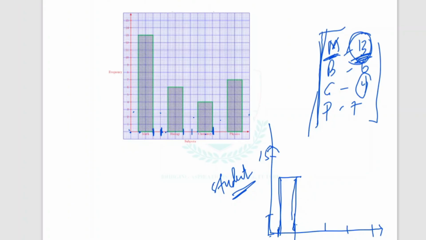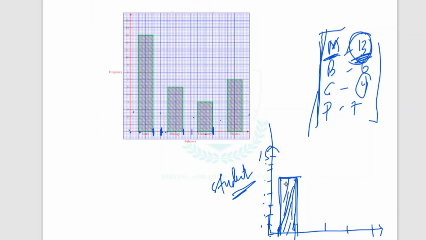So if I want to indicate where 13 is, let's assume this is my graph paper. It can indicate from 1, 2, 3, 4, 5, 6, 7 upward to 15. But remember the bigger value is 13 in this case. So if I want 13, I'll just come where 13 is. Let's assume 13 is here, and this is my biology, this is my math, so 13 will be there.